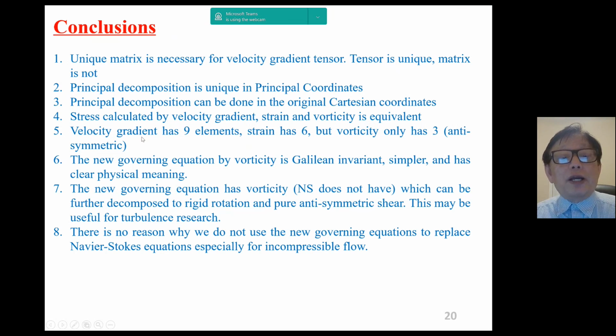However, the velocity gradient tensor has 9 elements, symmetric strain has 6, but vorticity only has 3 because it's antisymmetric. The new governing equations by vorticity are Galilean invariant, simpler, and have clear physical meaning because the off-diagonal elements are just antisymmetric shear.